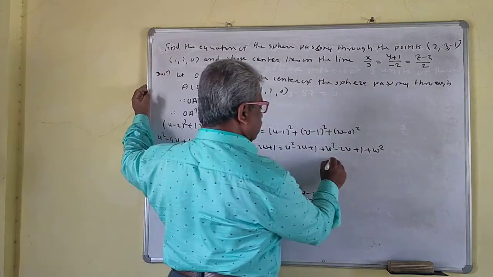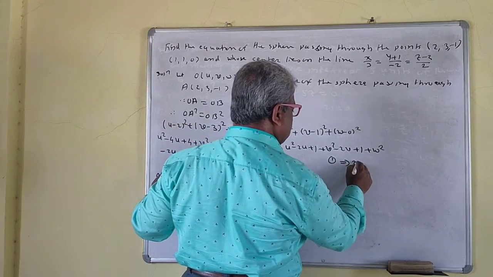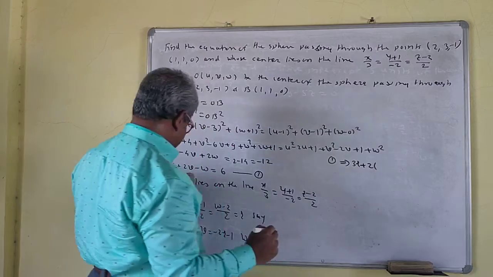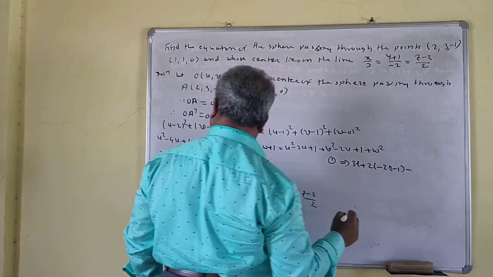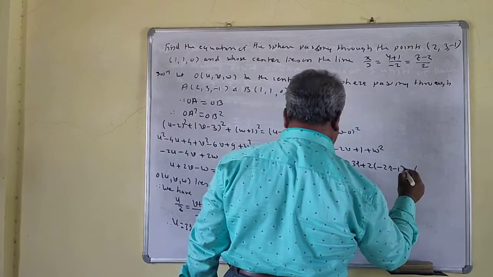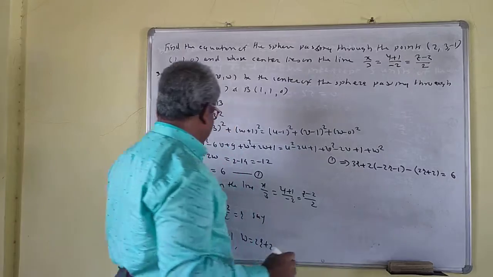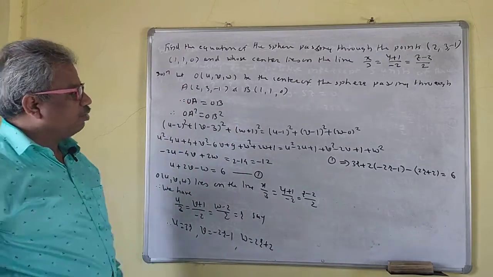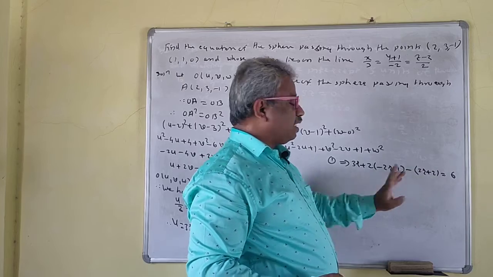So equation 1 implies your U is 3R plus 2 times V, your V is minus twice R minus 1, minus W, your W is twice R plus 2, is equal to 6. Take care of this one. So this is 3R, this is minus twice R minus, so minus 6R.